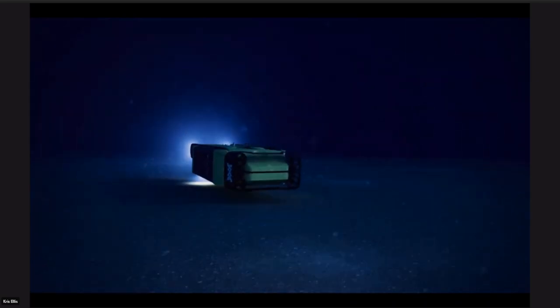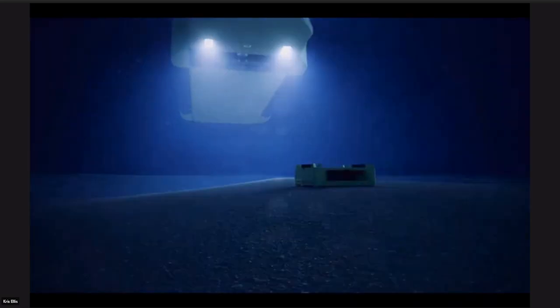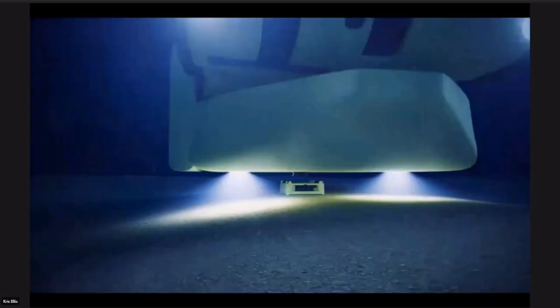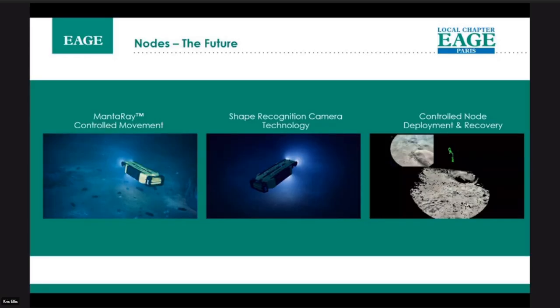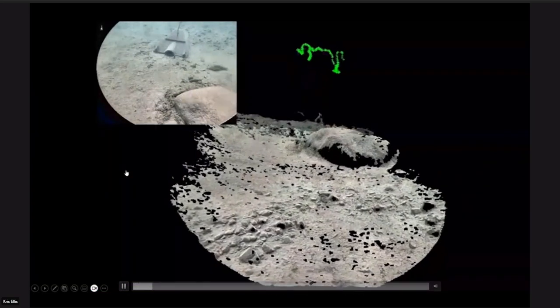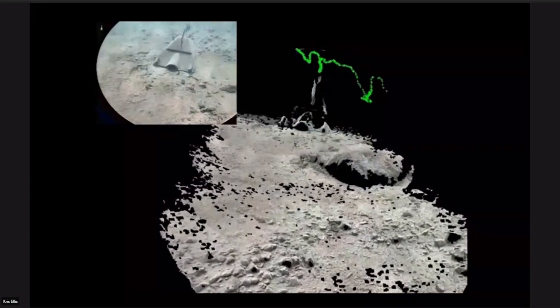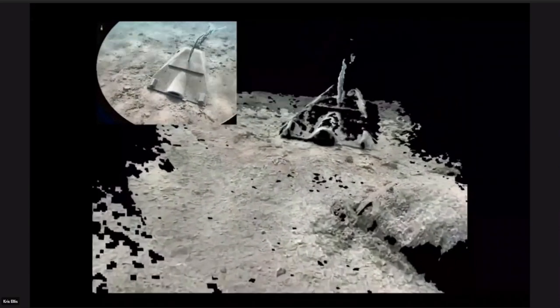lighting system. It can deploy in currents of up to 4.5 knots. It can shift pretty quickly as well. It can accelerate and decelerate really quickly. It's neutrally buoyant, and it's got controlled node deployment and recovery. This is actual footage of it coming up on a node or a test object.